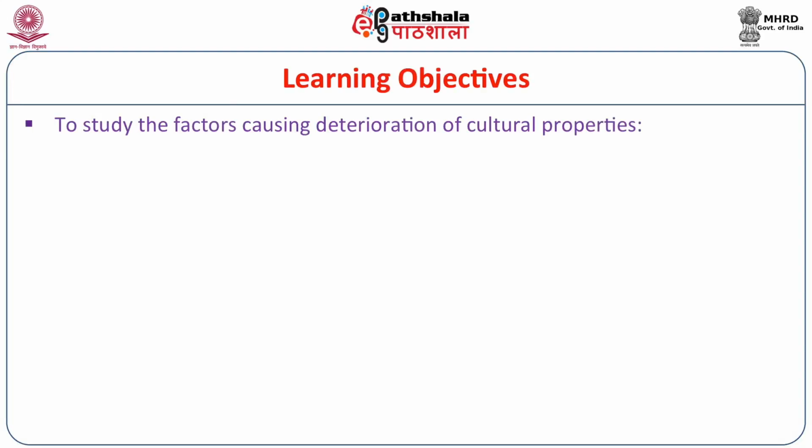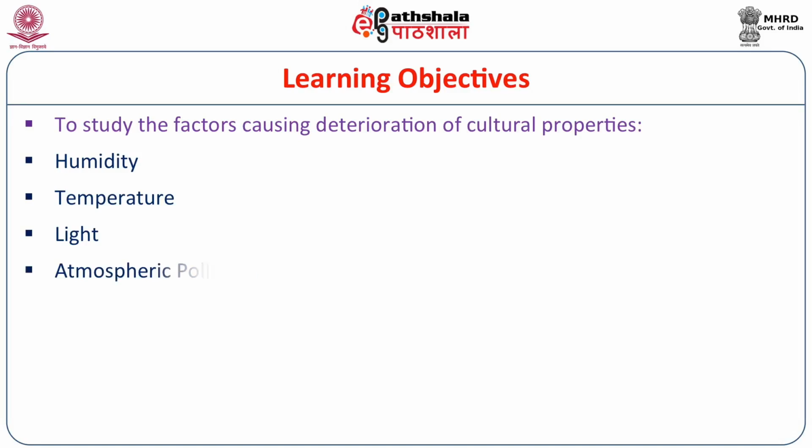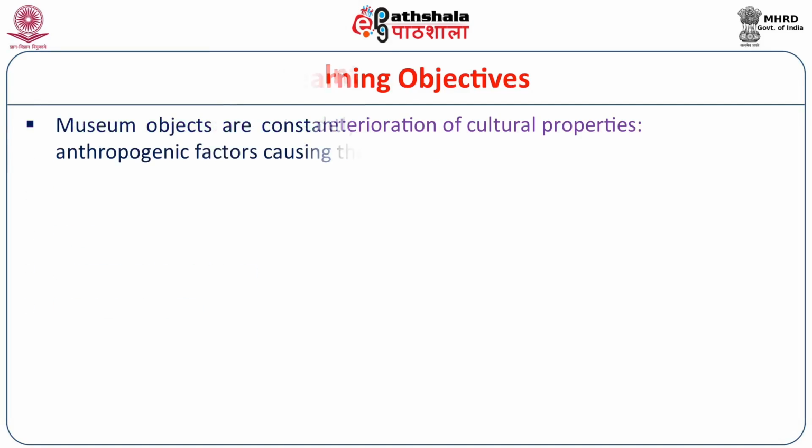The objectives of this module are to study the factors causing deterioration of cultural properties. These causes are humidity, temperature, light, atmospheric pollution, biodeterioration, and others also.